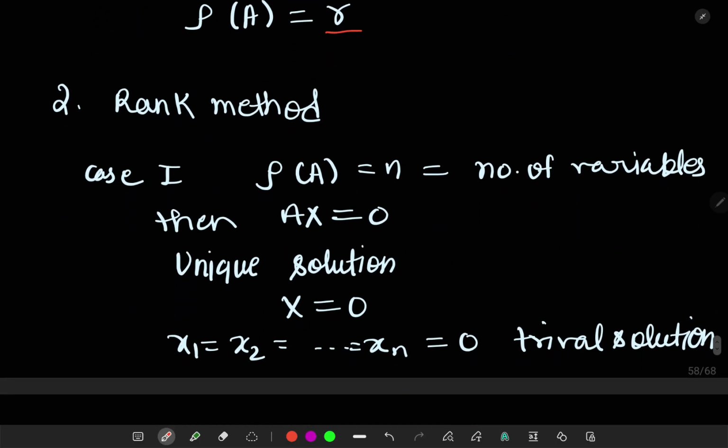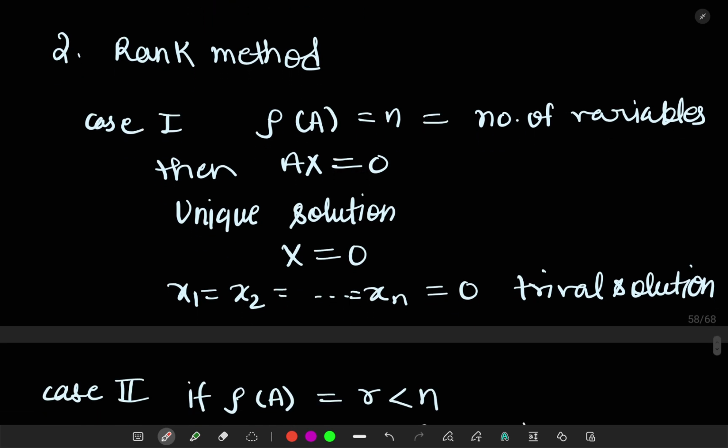Now the second method for a homogeneous system, the rank method. Case 1: if the rank of matrix A is equal to n, the number of variables, then Ax equals 0 has a unique solution.